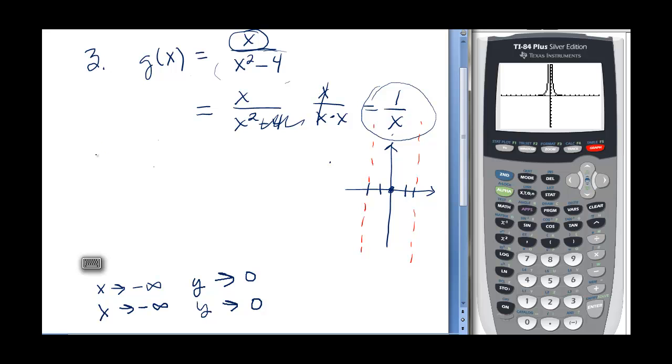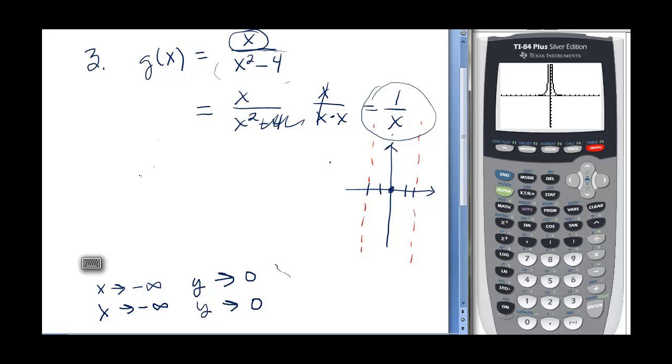And so it is true that whenever you have the degree of the numerator less than the degree of the denominator, then eventually your function is going to approach y equals 0.